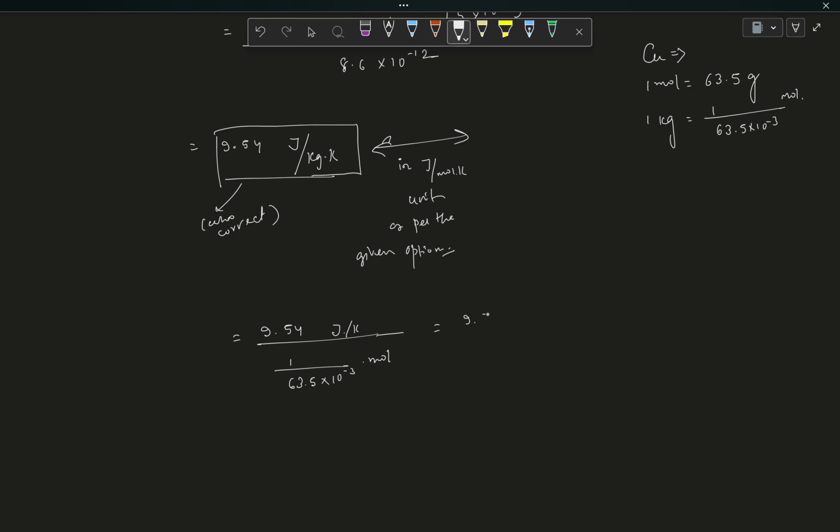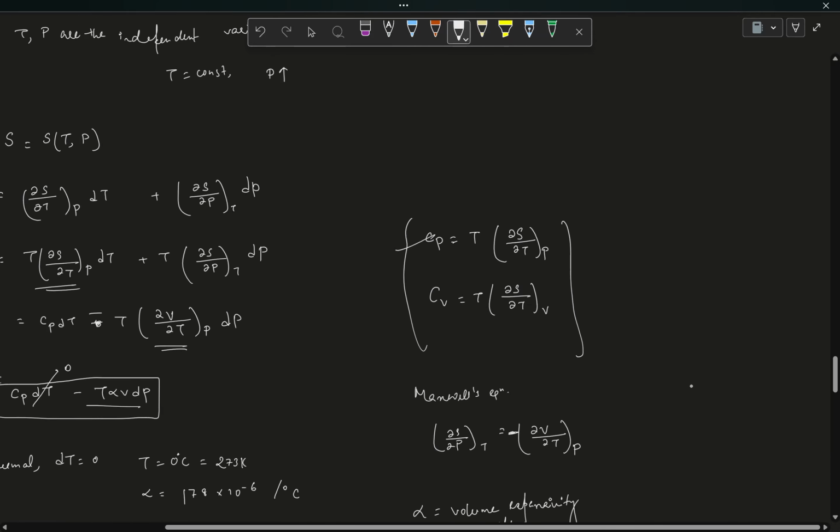So you have to multiply 9.54 into 63.5 into 10 to the power of minus 3 joule per mole Kelvin, which will be like 0.61 joule per mole Kelvin. This is the answer that will match with the options that are given.